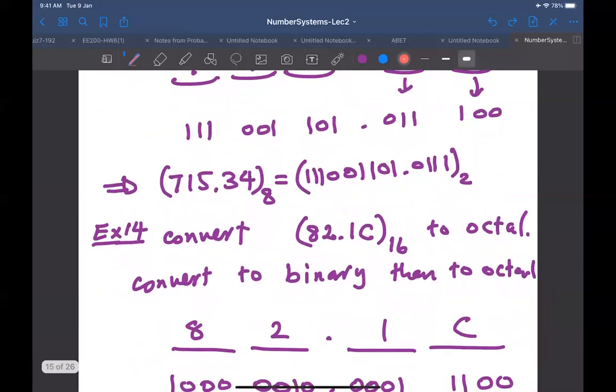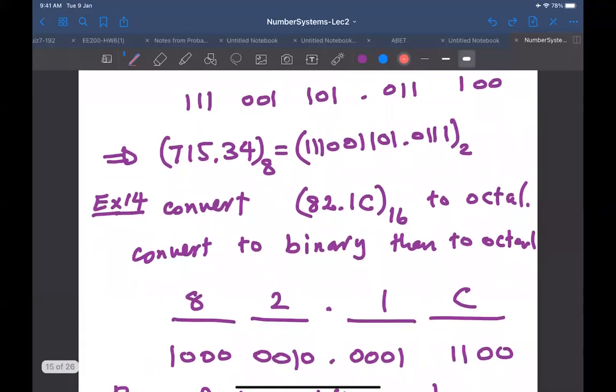So hexadecimal to binary, every hexadecimal digit corresponds to 4 binary bits. So the C corresponds to 1100, and then the 1 corresponds to 0001, and then the hexadecimal point is converted to a binary point, and then 2 is 0010, and then the 8 is 1000.